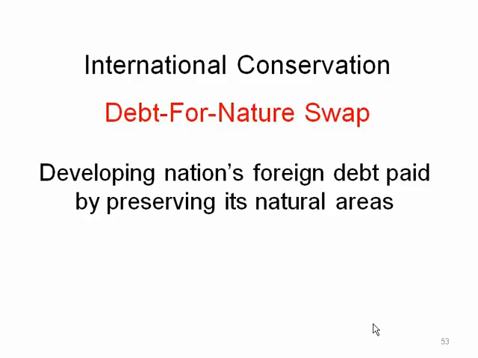One example is the Debt for Nature swap, where, through nonprofit pressures, the United States government, the World Bank, and other European financial institutions have agreed to forgive all or parts of the foreign debt for countries if they will preserve significant portions of their natural areas. So the developing country gains economically without having to extract or completely modify or diminish its ecosystem resources.